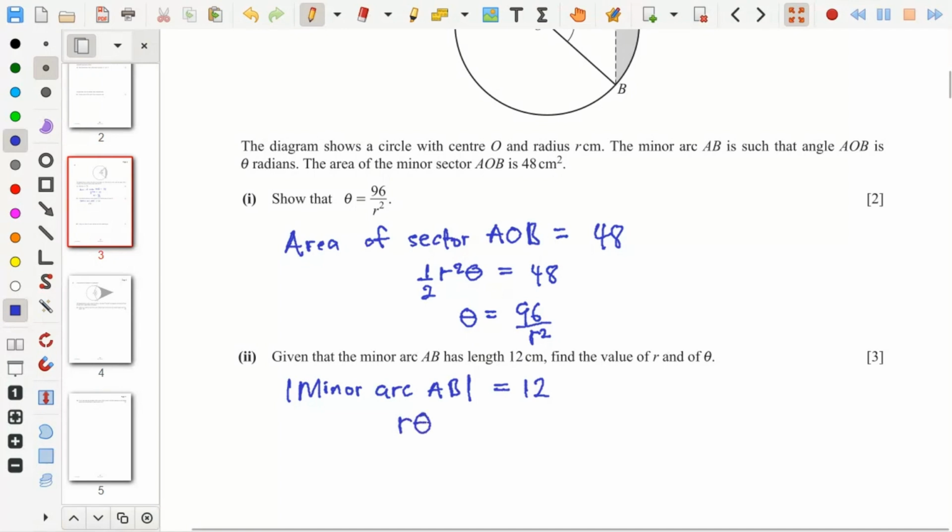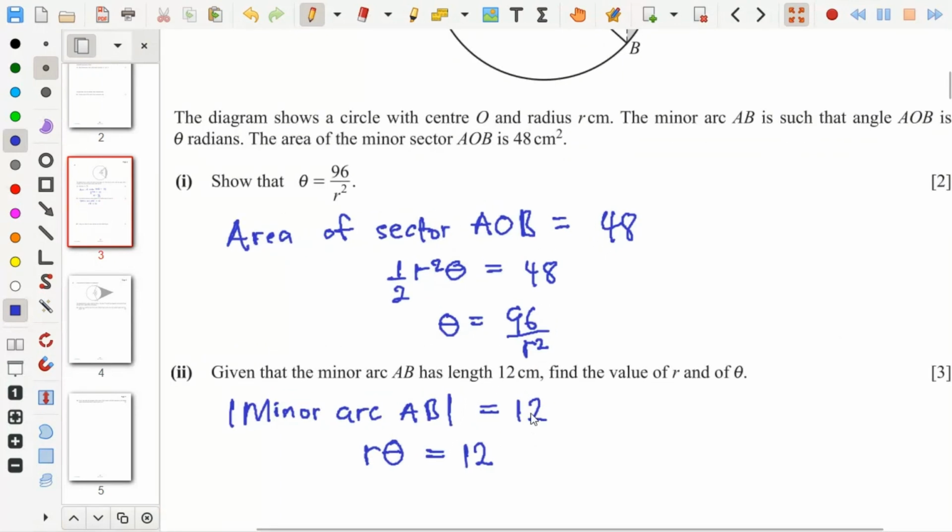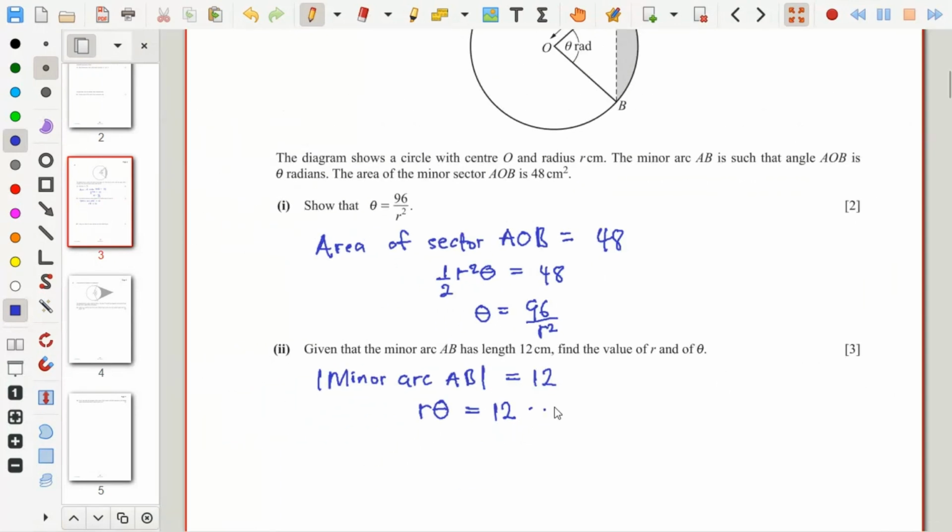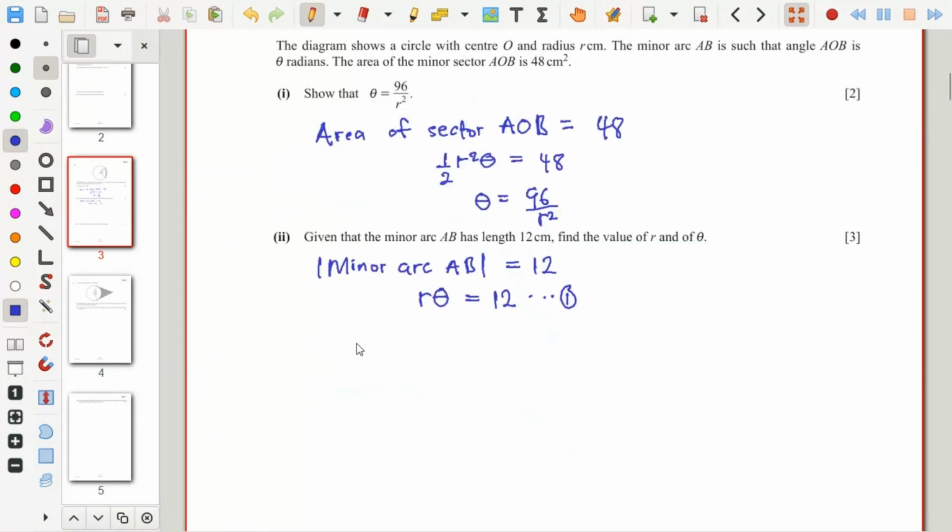So r theta is equal to 12. That's the first. I can call this one equation 1. But don't forget that you said here that theta is equal to 96 on r squared.